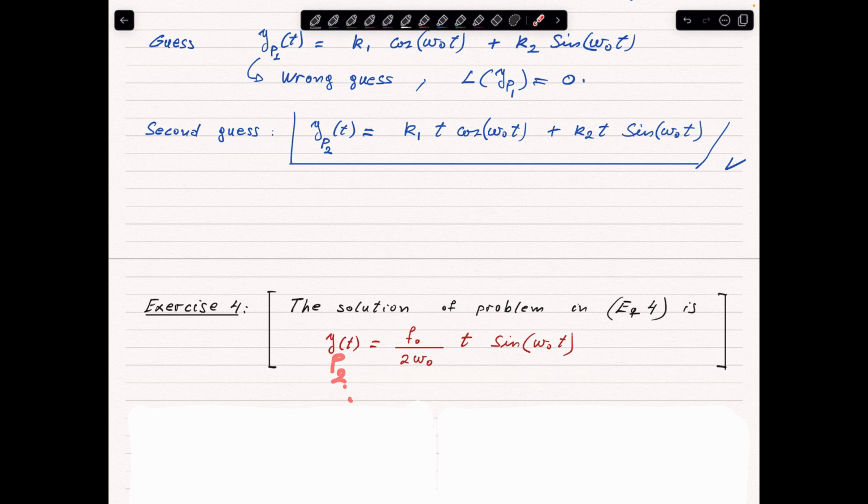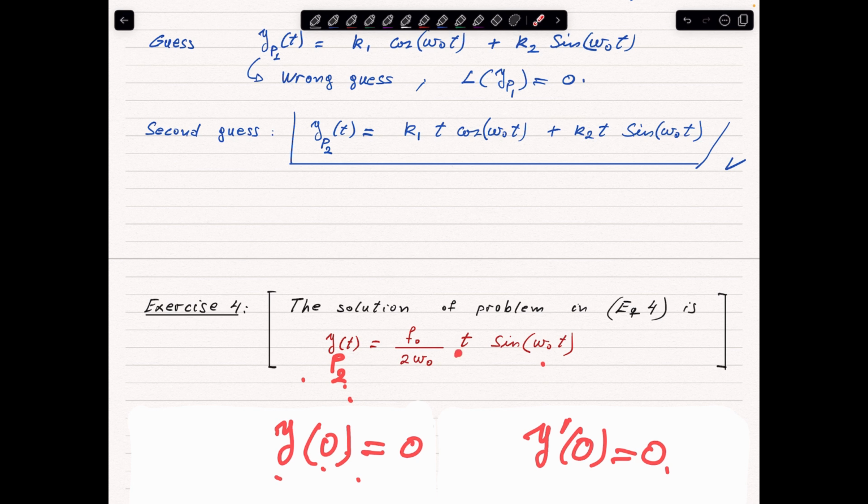This is actually the solution of the initial value problem, because this particular solution happens to satisfy the initial conditions. Look, at t equals 0, both sine and t vanish, and the derivative, well, the derivative contains a sine, that is going to be 0, and then a term with a cosine, but with a t, and this t vanishes.